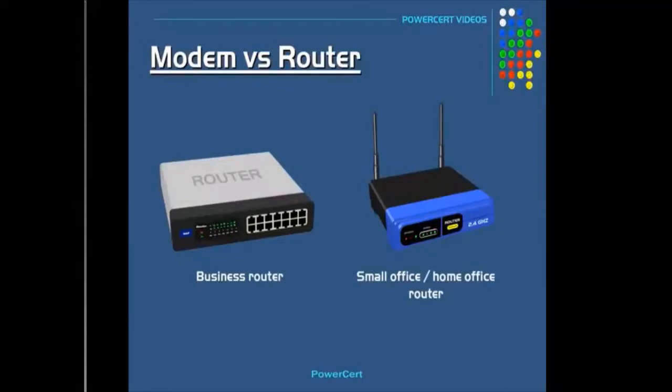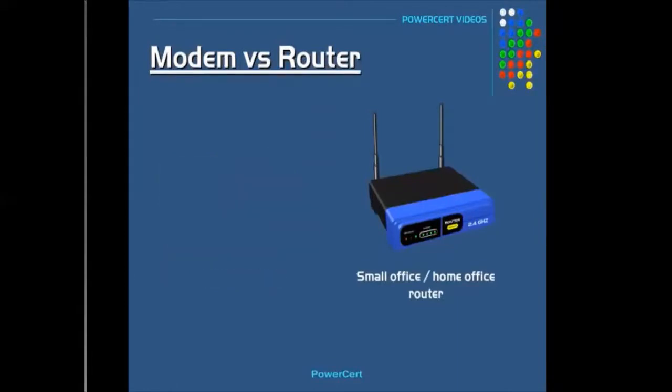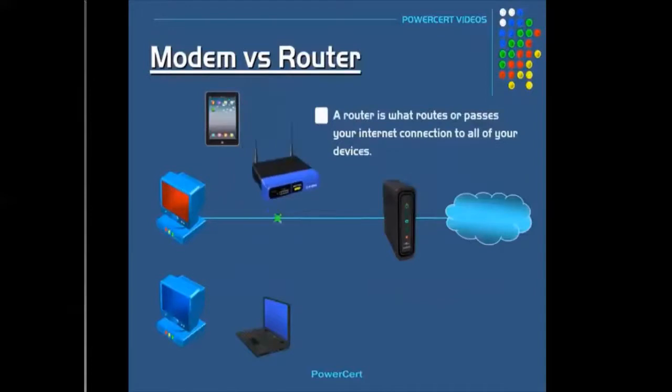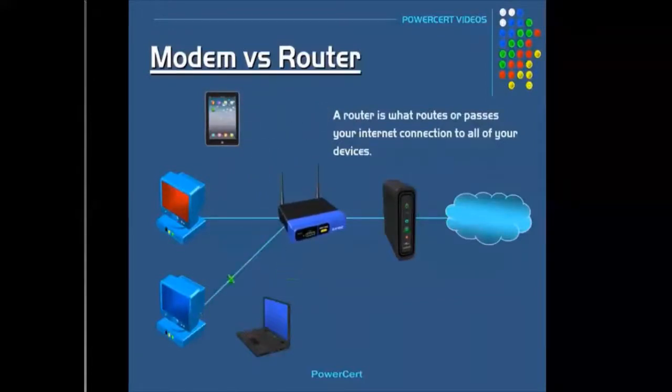But for this video, we're going to use the small office, home office router that most of us are familiar with. A router is what routes or passes your internet connection to all of your devices in your home or business. It directs it to all of your computers, tablets, phones, and so on, so that those devices can access the internet.